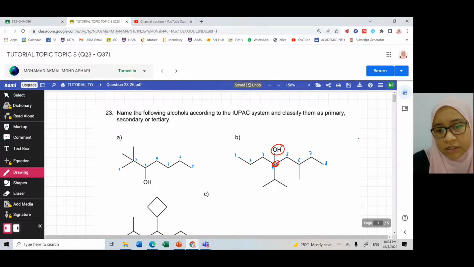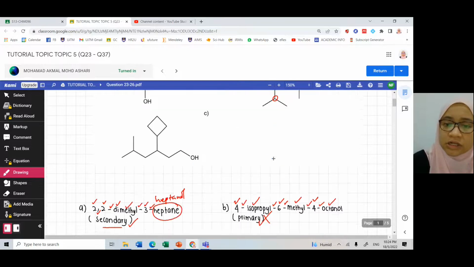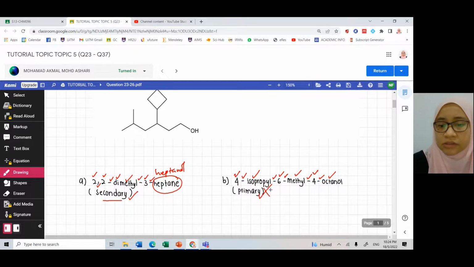This carbon is directly attached to another three carbons, so this carbon is tertiary. Therefore, the classification of the alcohol will be tertiary as well.